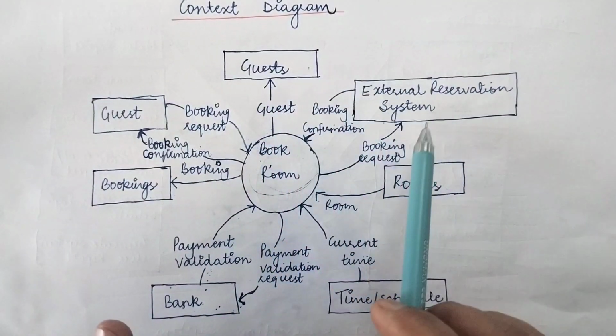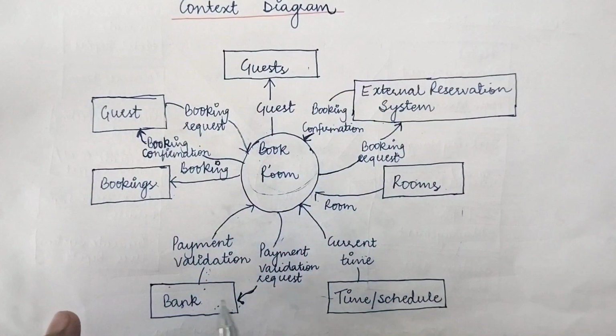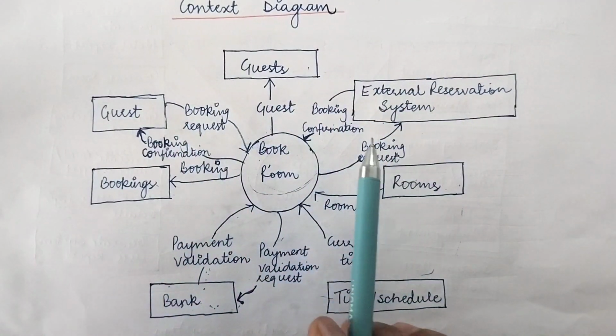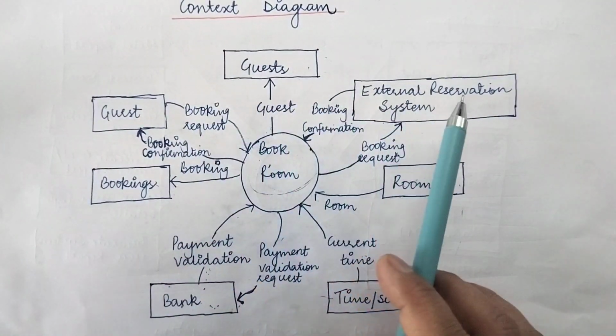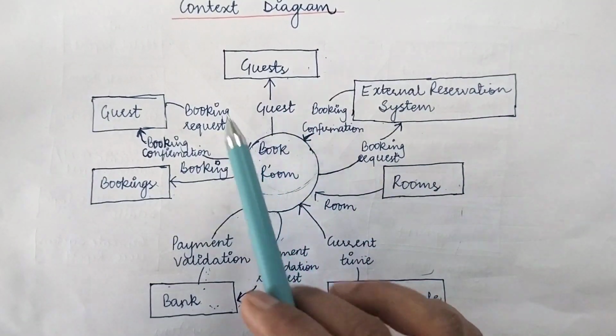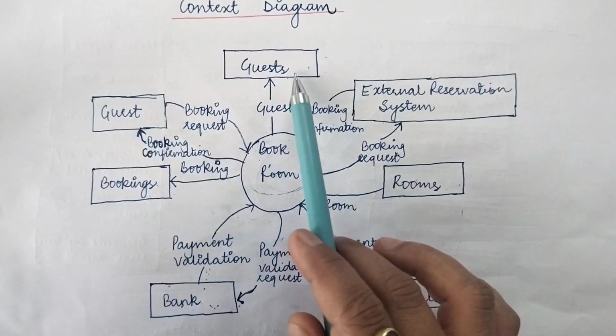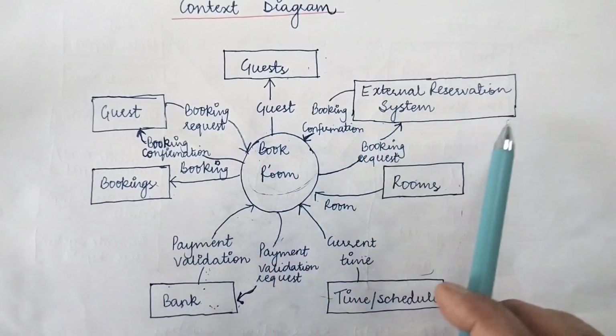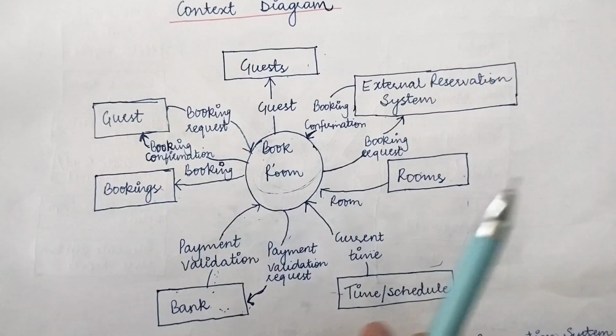So all the rectangular boxes are the external entities for this system, from where either the data is coming or to which the data is going. That means they are the source and sink of data. Hence they are known as external entities and they are represented by this rectangular box.